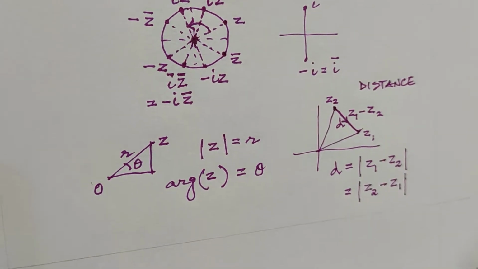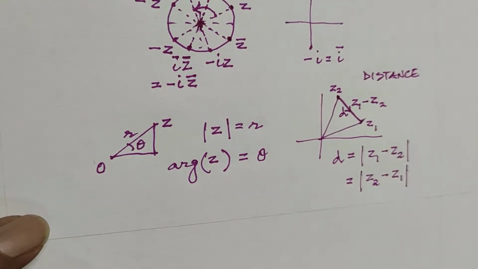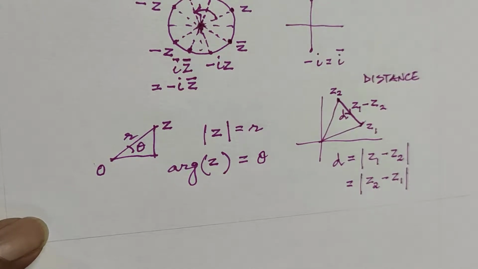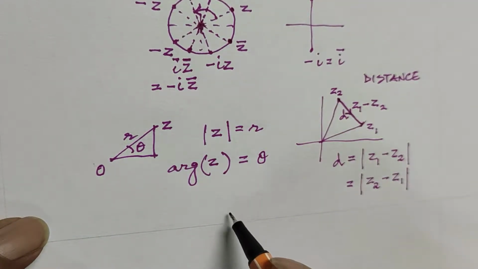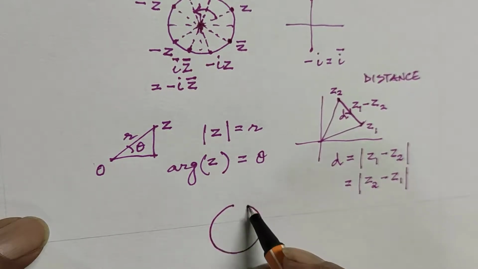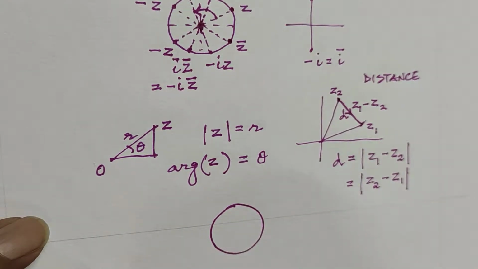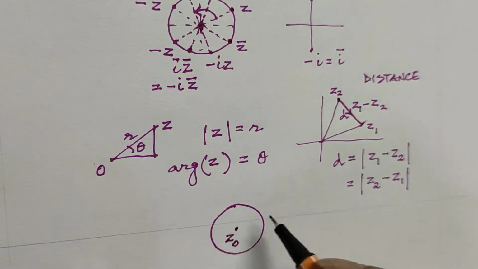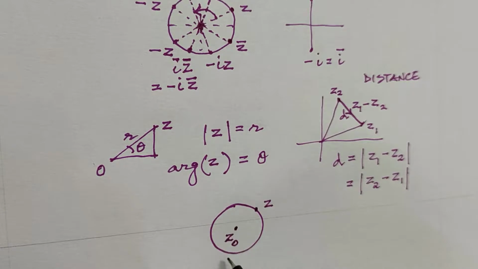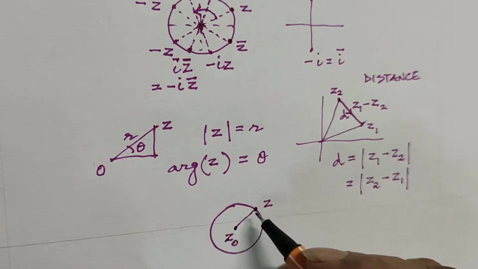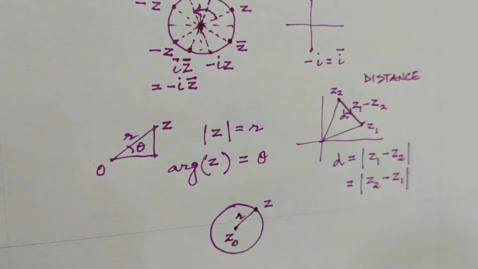This gives us a very neat formula for the equation of circle. We have been dealing with a circle all the time, so let's see a circle. As you have seen in coordinate geometry, if the center is known, let the center be called z0, and we take any point z on the circumference, then the distance is always r, the radius.